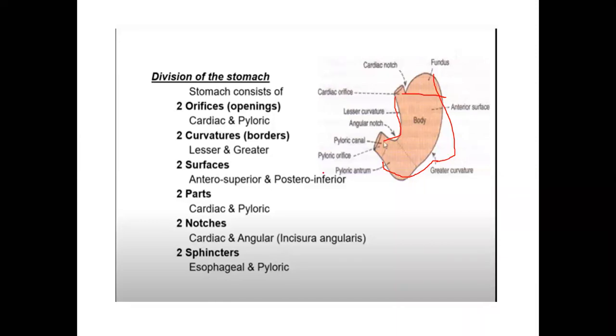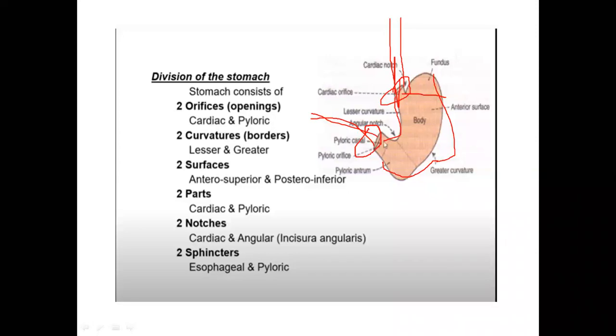Then we have two sphincters. The esophagus will be connected to this part of the stomach, forming the gastro-esophageal sphincter, while the duodenum will start from this part, where the pyloric sphincter forms.